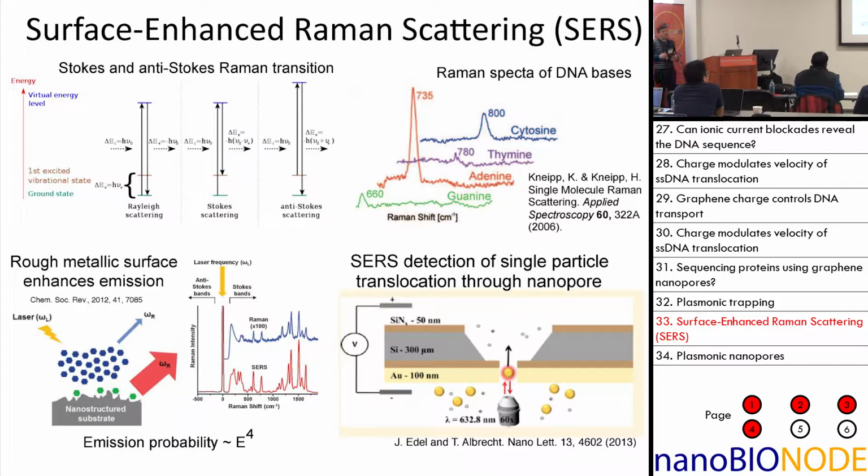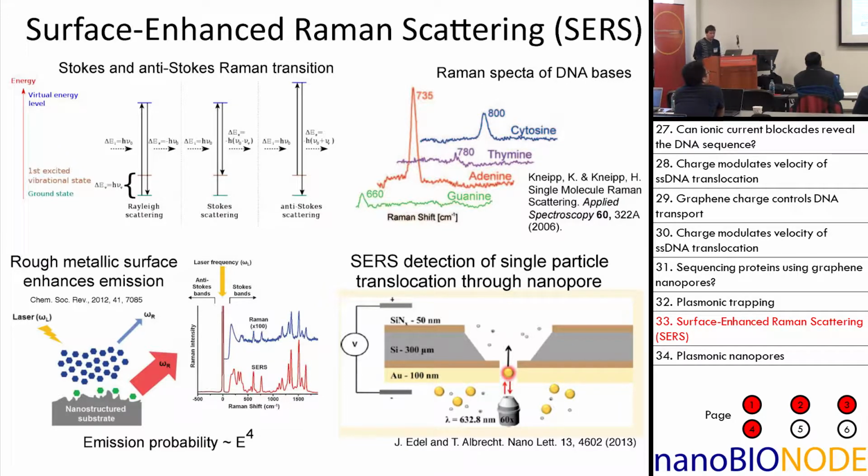But generally, the probability of seeing a Raman event goes as the fourth power of the field vector or second power of field intensity, right? So that's why you have a dramatic enhancement in Raman cross sections when you have rough metallic surfaces. All right, so that you're probably familiar with.